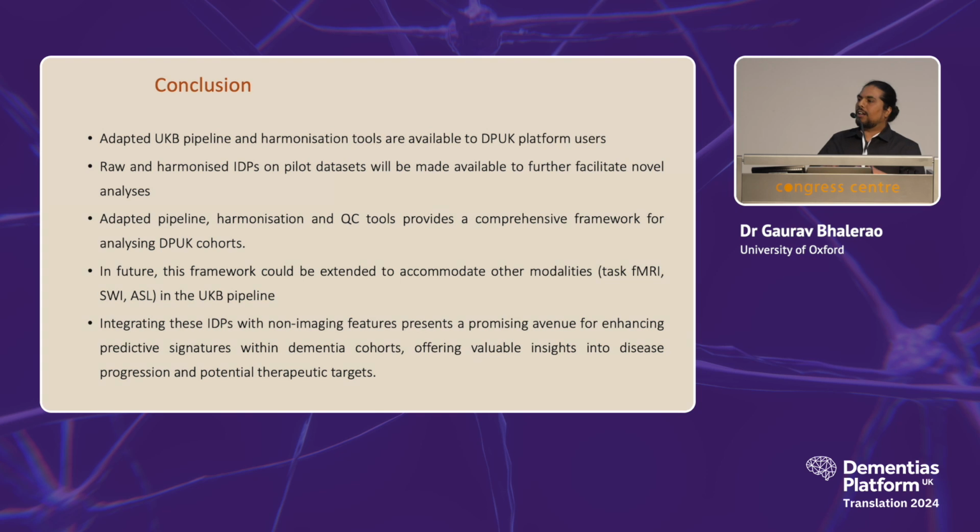In the future, the similar framework that we have followed can be extended to accommodate other modalities like SWI, QSM, or ASL. And finally, integrating these imaging IDPs with non-imaging features presents a promising avenue for enhancing the predictive signatures within dementia cohorts, which can offer valuable insights into disease progression and potential therapeutic targets.